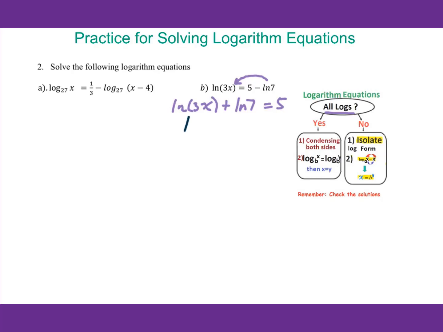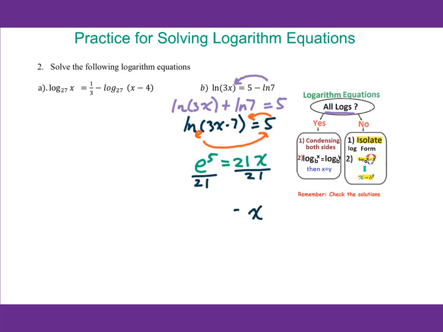Then condensing the log by multiplication, you will get natural log of 3x times 7 equals 5. For natural log, the base is e. e to the 5th power equals 21x. Then I divide by 21 on both sides. You will get x equals e to the 5th power over 21.